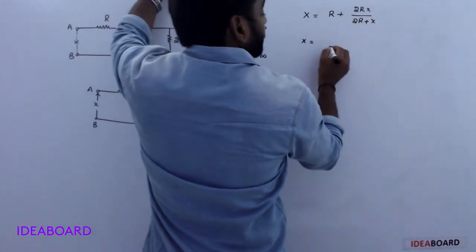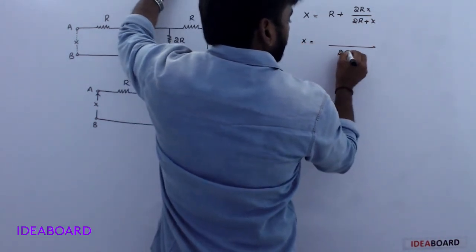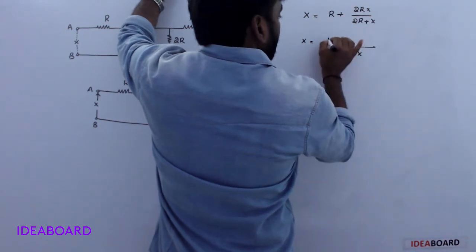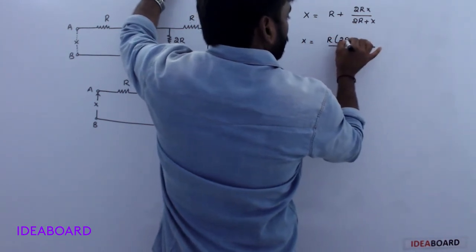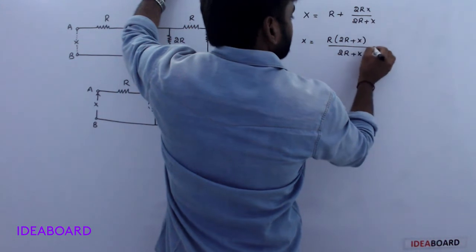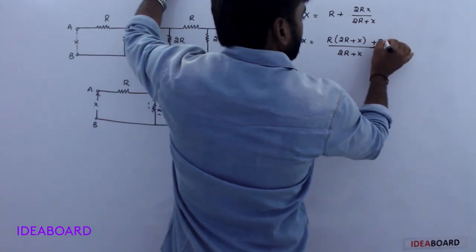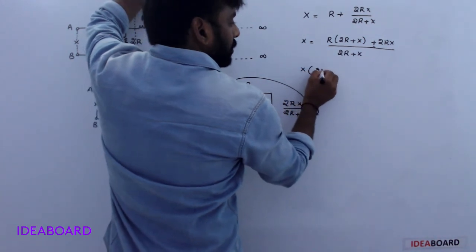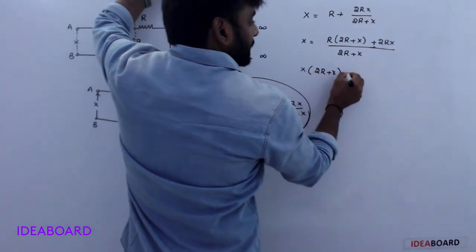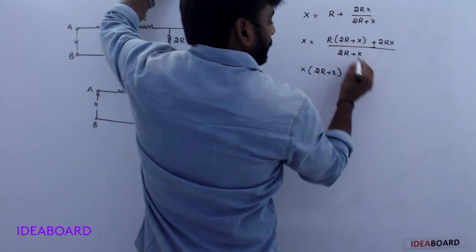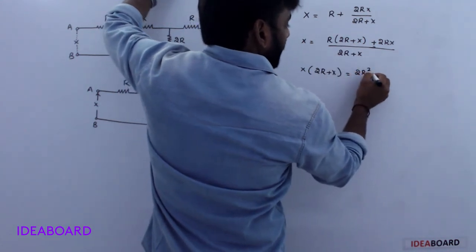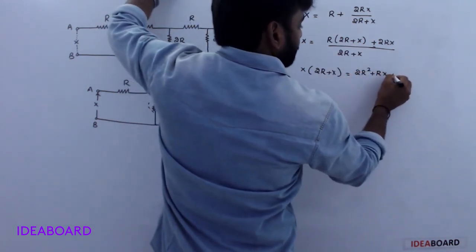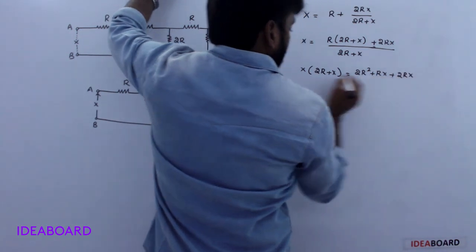Okay, x. What is the LCM here? 2R plus x. R into 2R plus x plus 2Rx. Taking this side, x into 2R plus x is equal to 2R square plus Rx plus 2Rx.